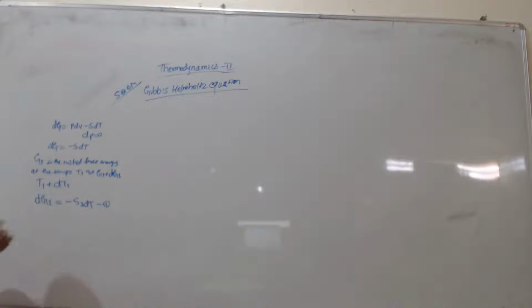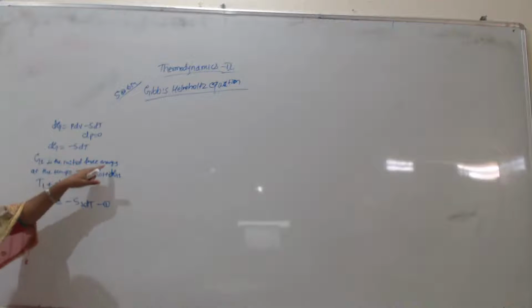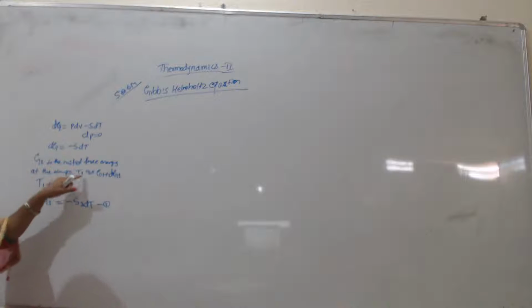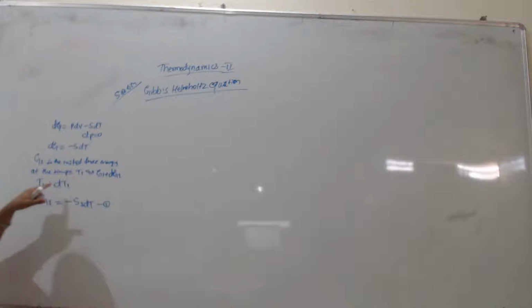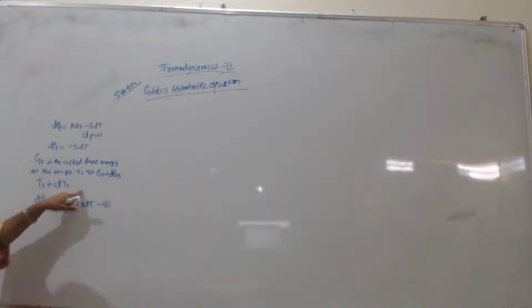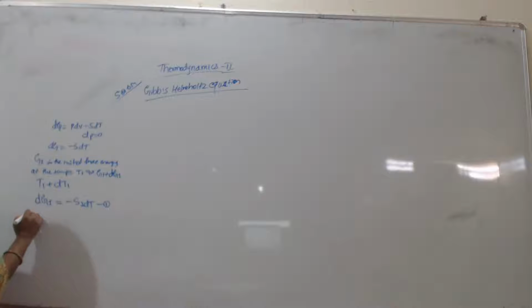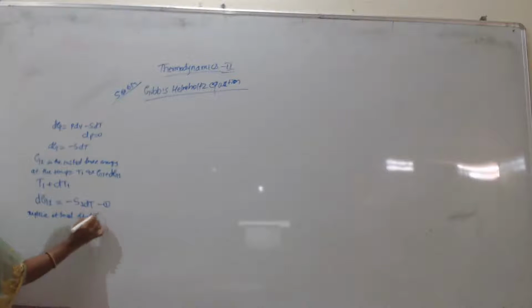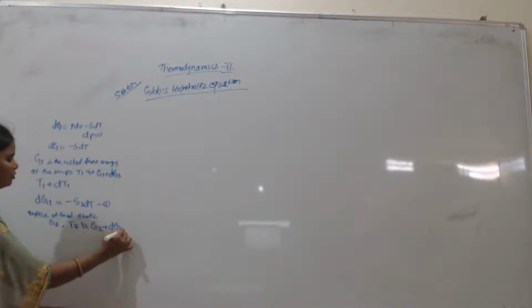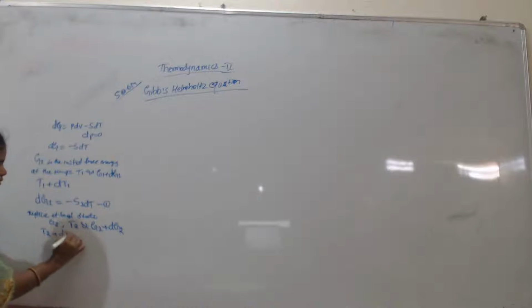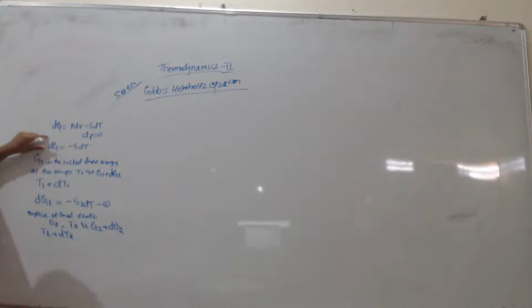Let G2 be the final state free energy at temperature T2, and G2 plus dG2 at temperature T2 plus dT. Then dG2 is equal to minus S2 dT.